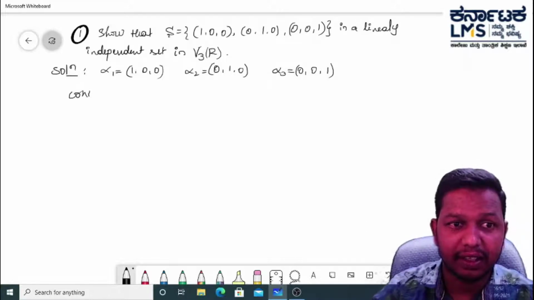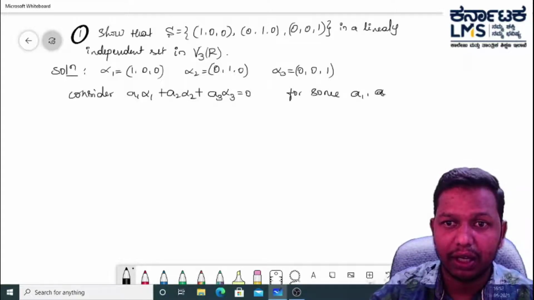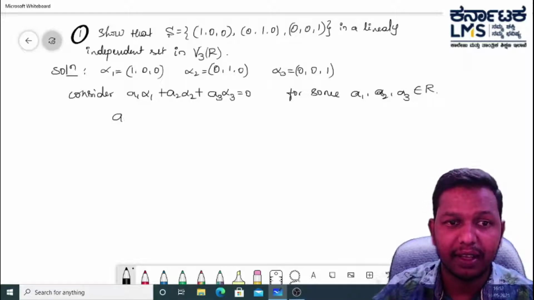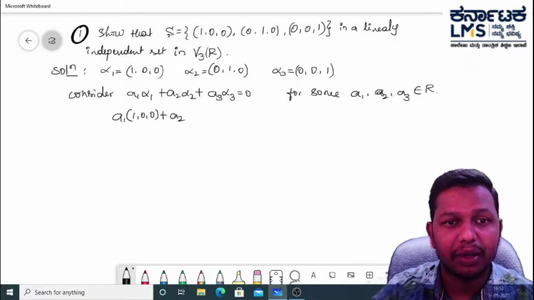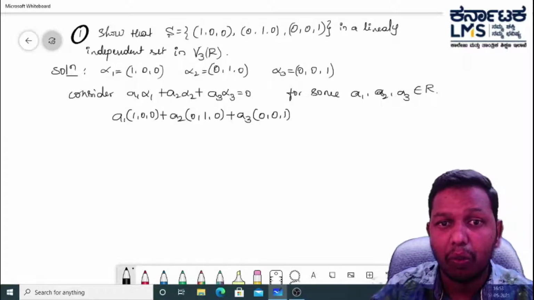Then consider their linear combination, that is a1 alpha 1 plus a2 alpha 2 plus a3 alpha 3 equals 0 for some a1, a2, a3 belongs to R, because here the given field is the real number set. That is a1 into alpha 1, which is 1 comma 0 comma 0, plus a2 into alpha 2, which is 0 comma 1 comma 0, plus a3 into alpha 3, which is 0 comma 0 comma 1.